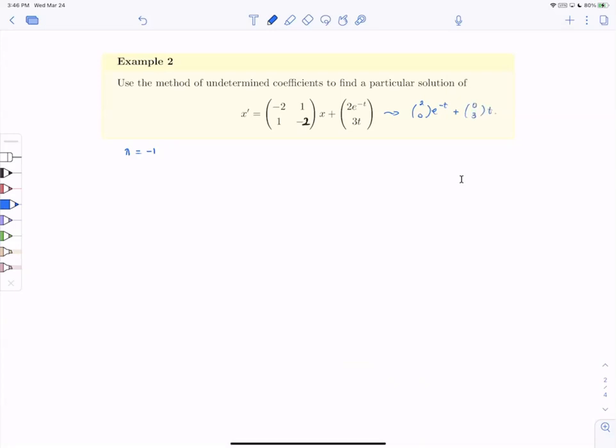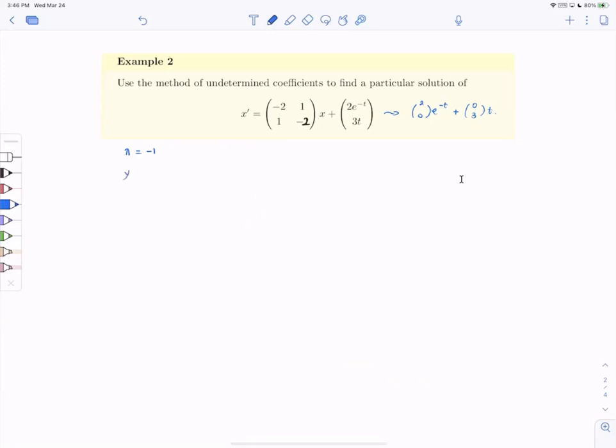Okay, so lambda is -1, which means your yc is going to be something like e to the negative t, and then something. It doesn't matter what it is. You just know that whenever you see e to the negative t, you need to multiply by t because that's going to be replicated.